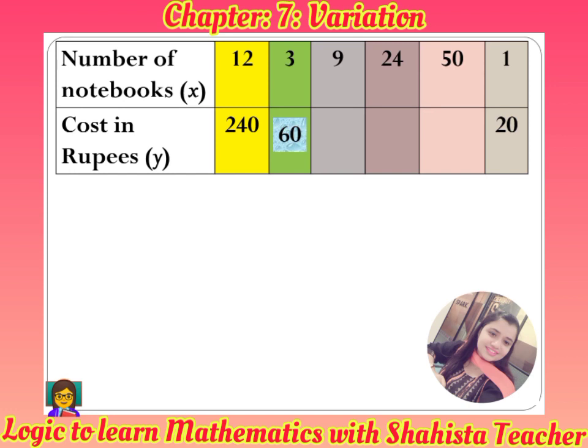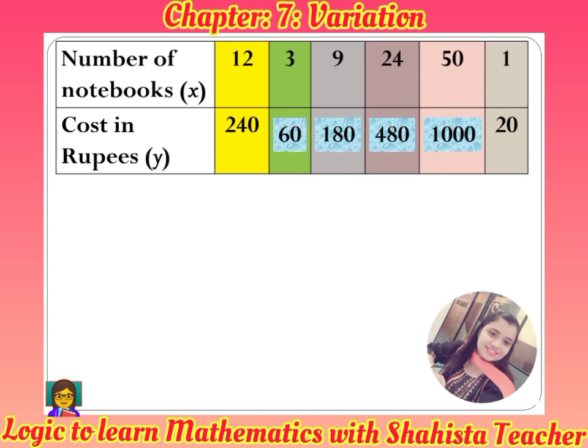So for 3 notebooks 60 rupees, 20 into 9 is 180, 20 into 24 is 480, and 20 into 50 is 1000. Simply we did multiplication with 20 and we get 60 rupees, 180 rupees, 480 rupees and 1000 rupees. Is that clear, my dear students?